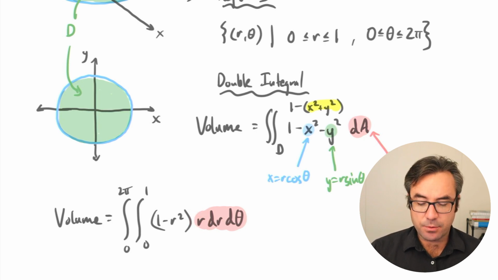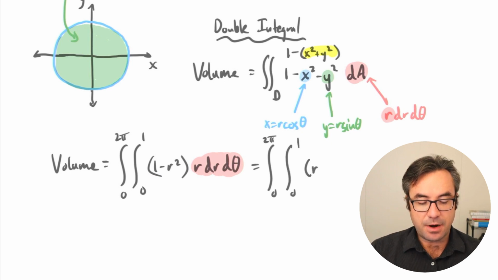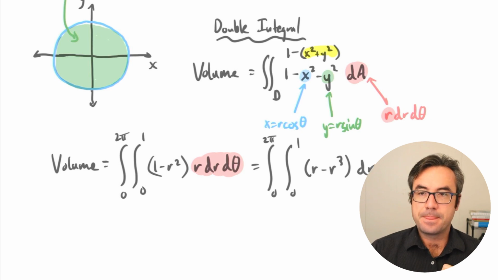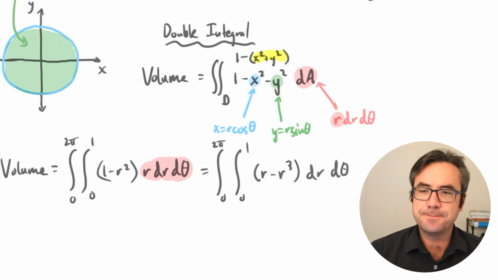All right, so now we're ready. Let's multiply our function out. So when we do that, we get the integral from 0 to 2 pi, the integral from 0 to 1, and then we have r minus r cubed, dr d theta. And now we could just go through standard iterated integral business here.